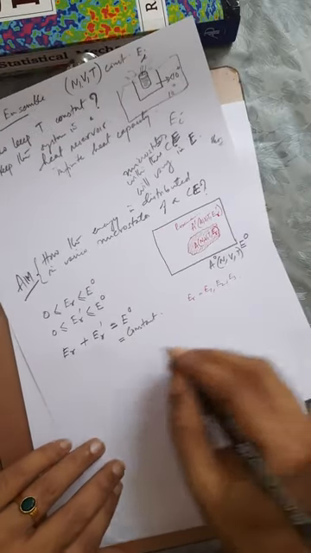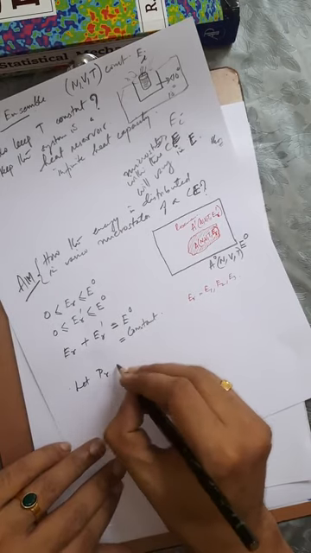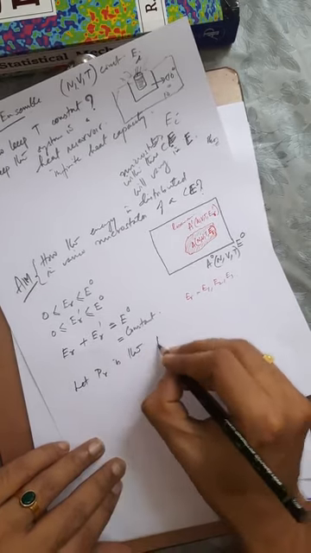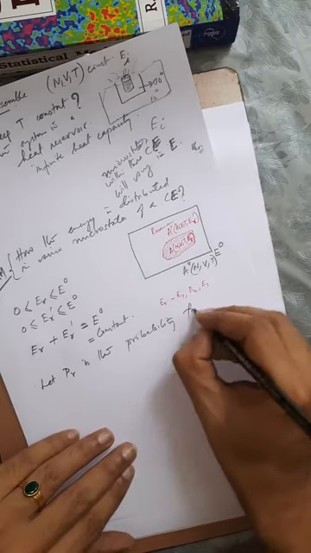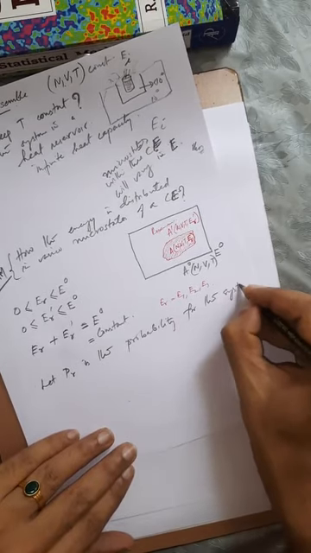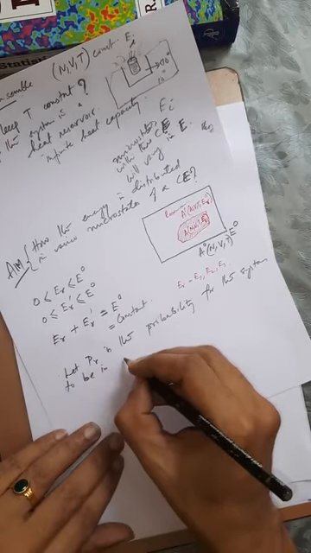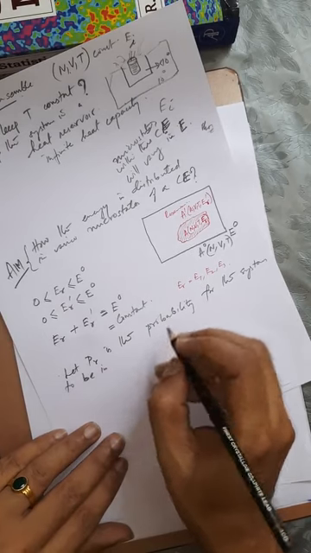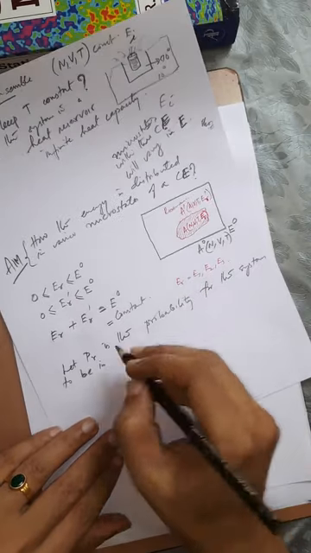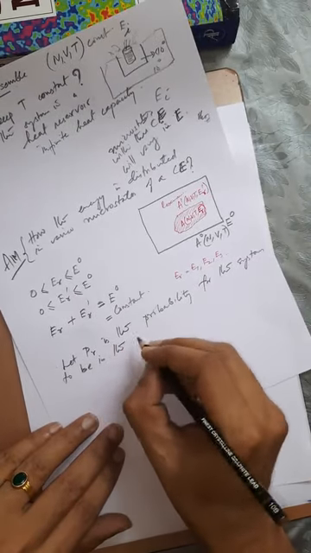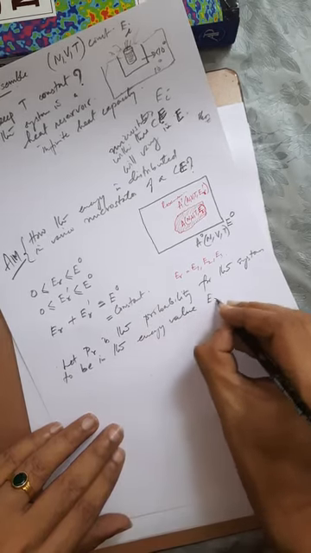Now let's assume that PR is the probability for the system to be this system A, and to be in the energy value ER.